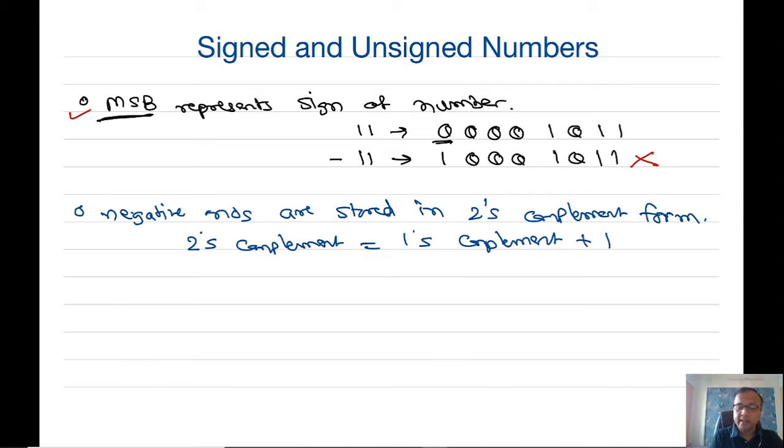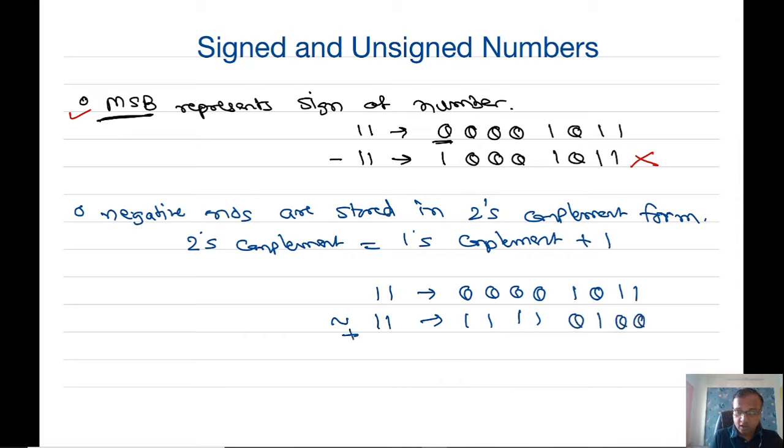So how exactly can I do it with 11? Let us try it once again. So 11 is 1 0 1 1. This is what I see as the number. The complement of 11, please note, it is not minus, it is complement of 11, will be negating each bit: 0 1 0 0.